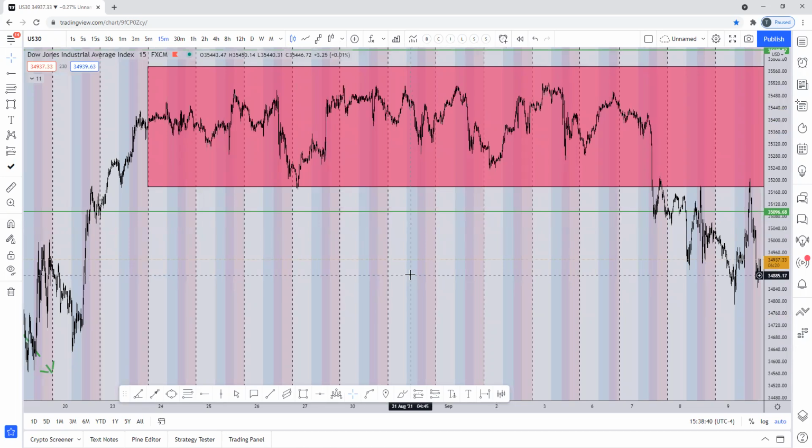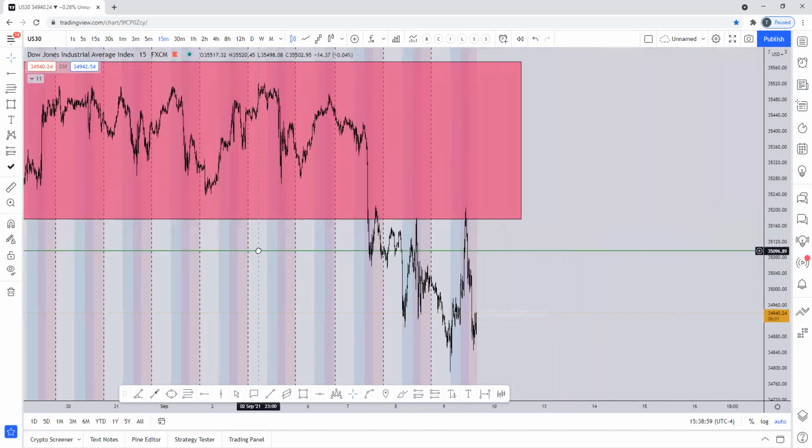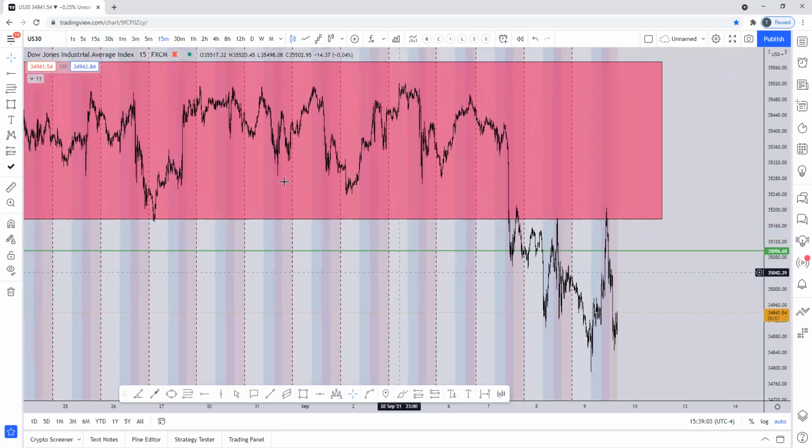So the next thing is understanding the entries. How do we find an entry? Well, in addition to the big three things I wrote down earlier, we also have to find out how the money was taken out, right? And how the money was taken out is based on how price came into that area. Because on the 1 hour and the 4 hour, we're looking for the money to be taken. So how was it taken when we get down to the 15-minute?